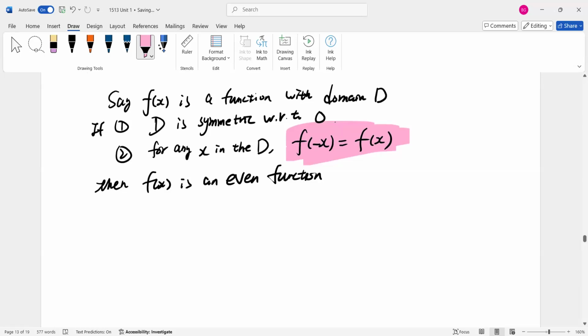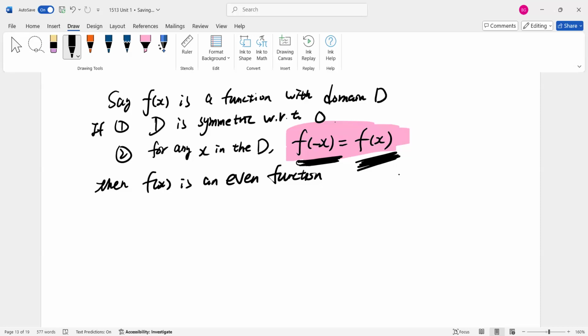And if we think about the graph, if this is the mother function, then this would be the reflection of the mother function with respect to what? The y-axis. From right to left or left to right, that is the change in x, right? This is the reflection of the mother function with respect to the vertical axis.